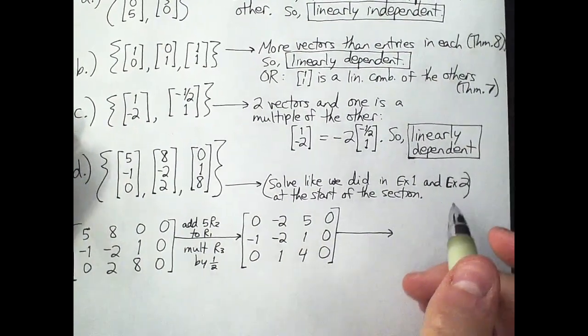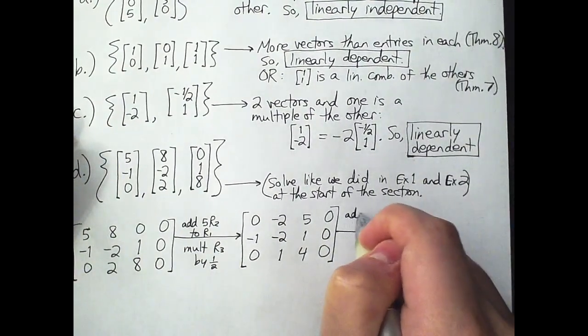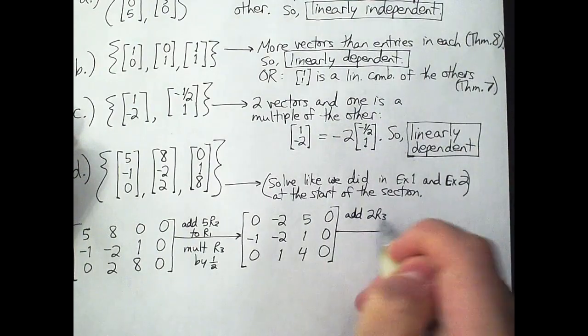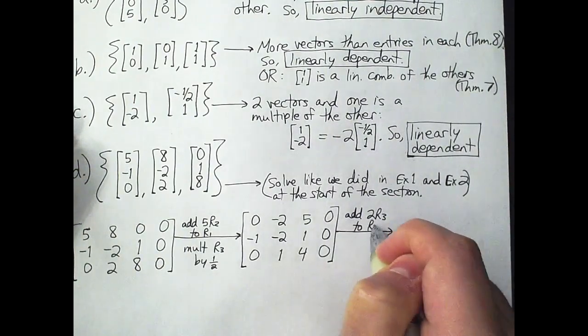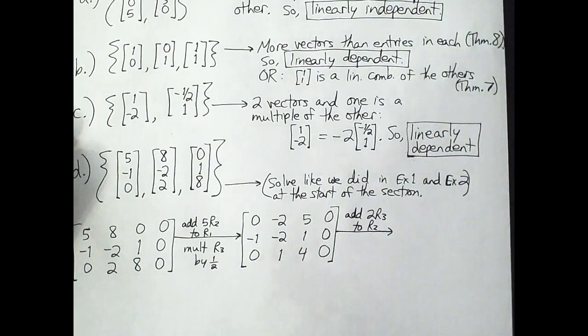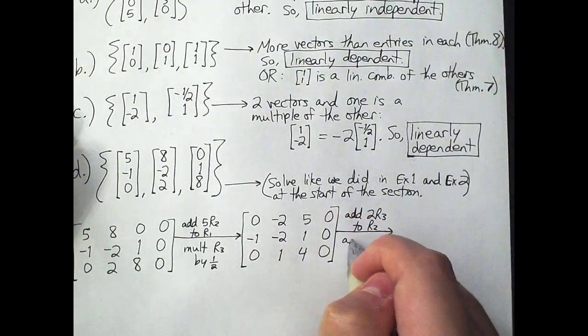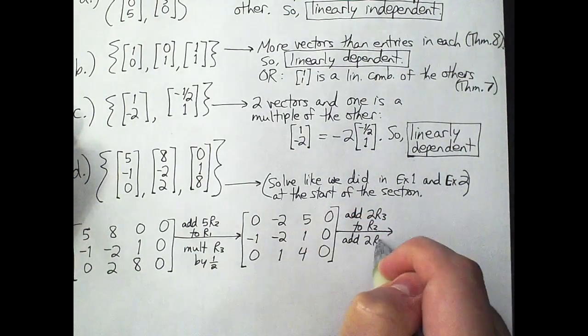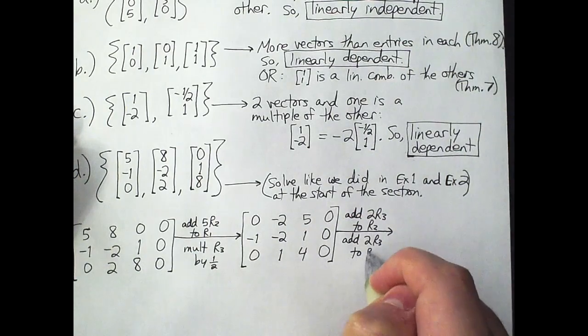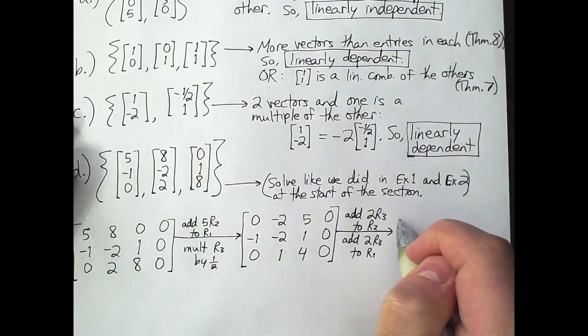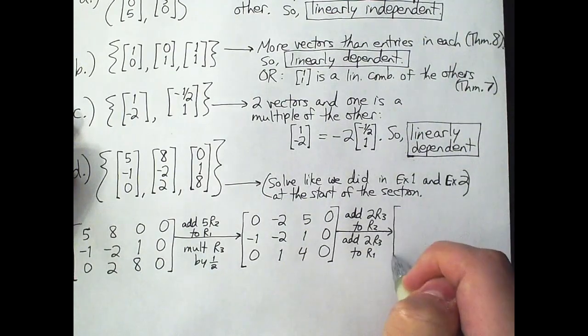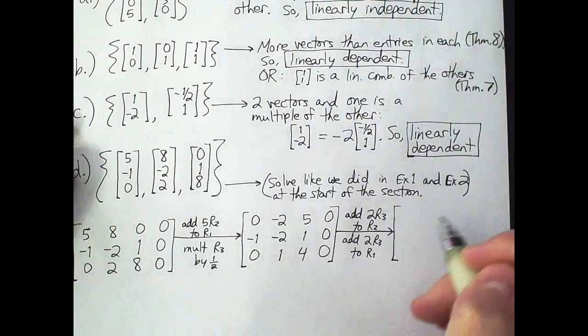Next, I decided I'm going to add 2R3 to R2. And at the same time, I'm going to add 2R3 to R1. Yeah, that's going to get us some zeros in some spots.